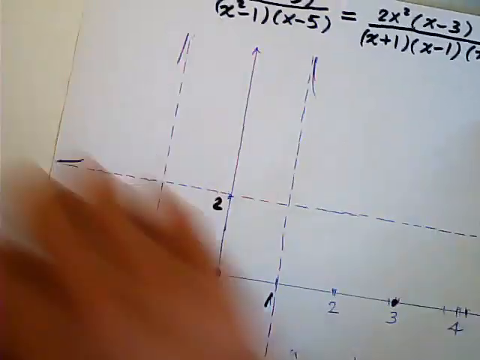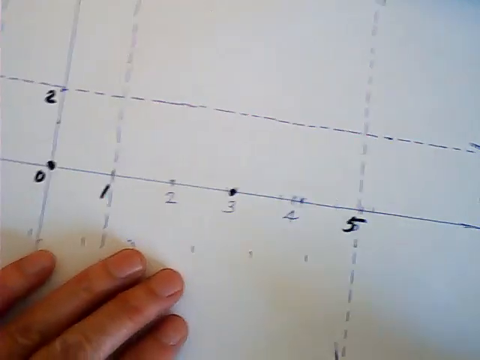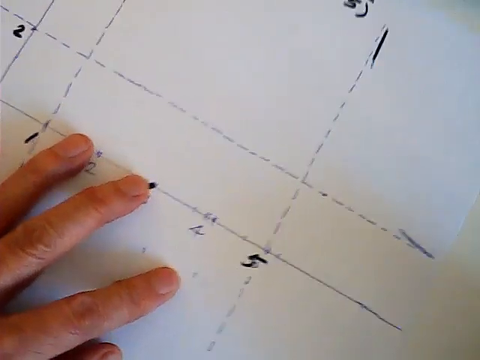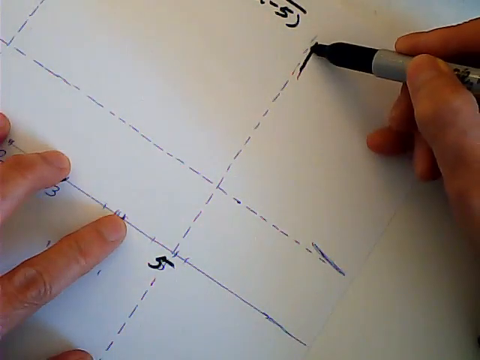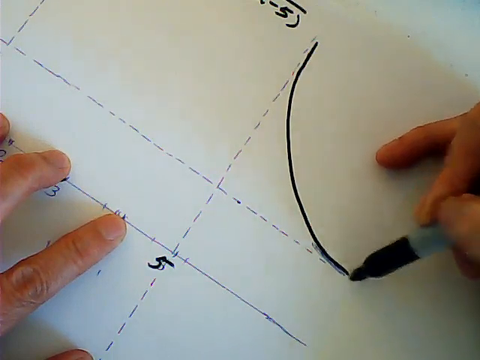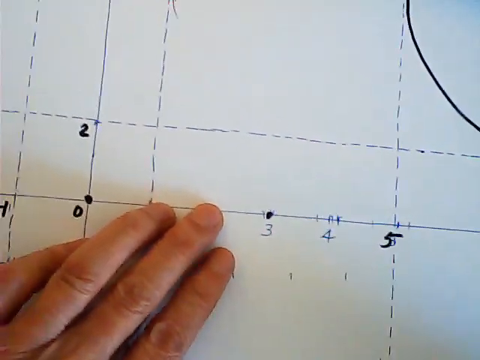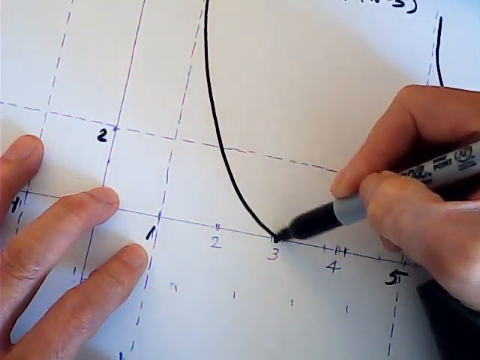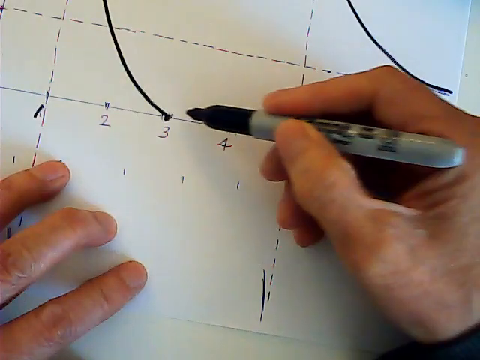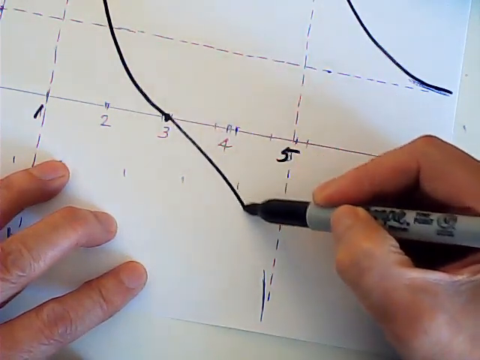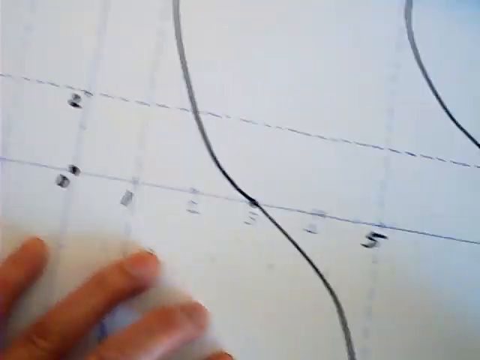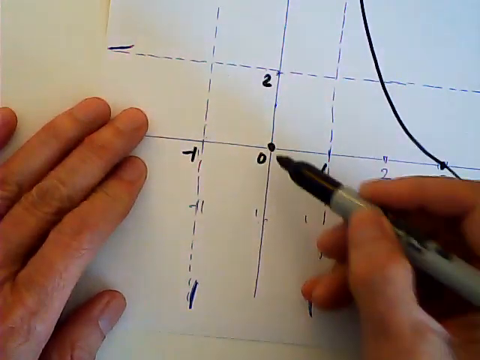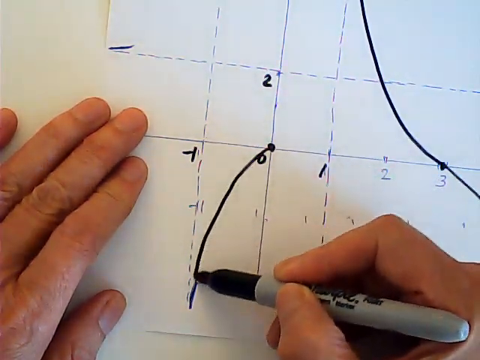Then we just join these pieces of information. We will have the curve like this. This will cross this point, right? Then here it will be like this.